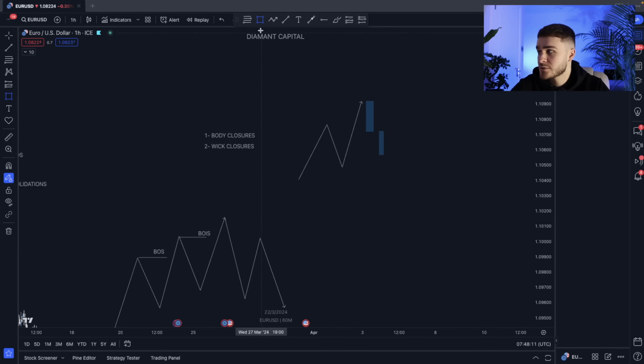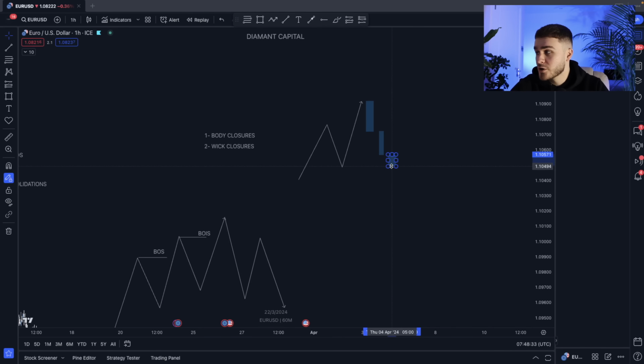The next candle, and then the next one as well. If the candle that actually broke the low, as you can see over here, broke the low with a body closure, that's when we can be sure that price is pretty much giving us an indication that we are going to be moving the opposite way. That's the first way, the body closure.